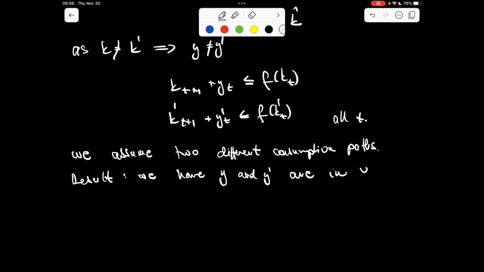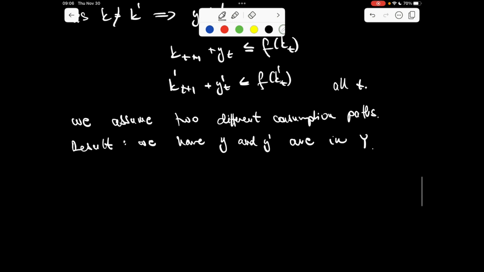They are in the production set because they satisfy the inequality. Let's have the related convex combinations in the following way.